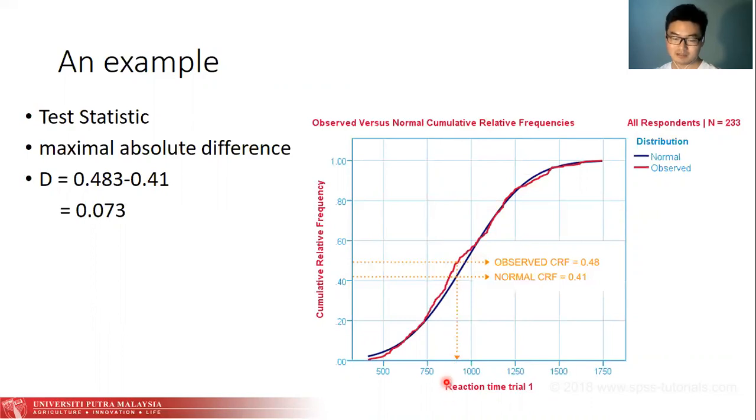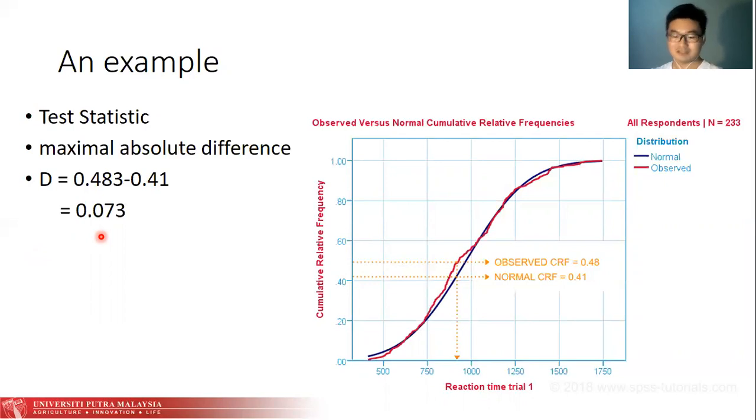In our case, the biggest difference happens when the reaction time goes to like 950 milliseconds. So the difference is 0.48 minus 0.41. The d-value is 0.073. If you don't understand this, it's okay because thanks to SPSS, we don't have to calculate the d-value manually. We just get the d-value with a few clicks.